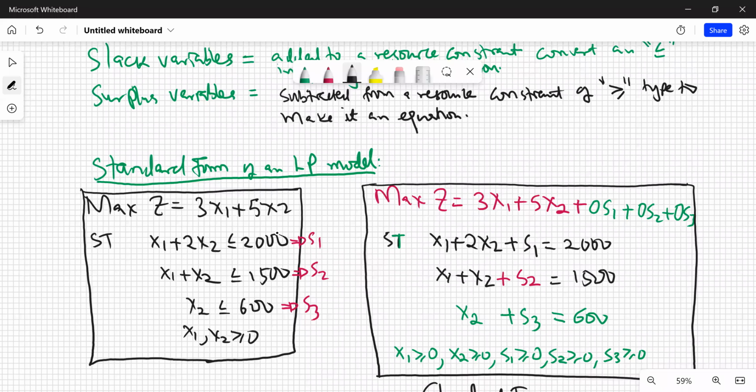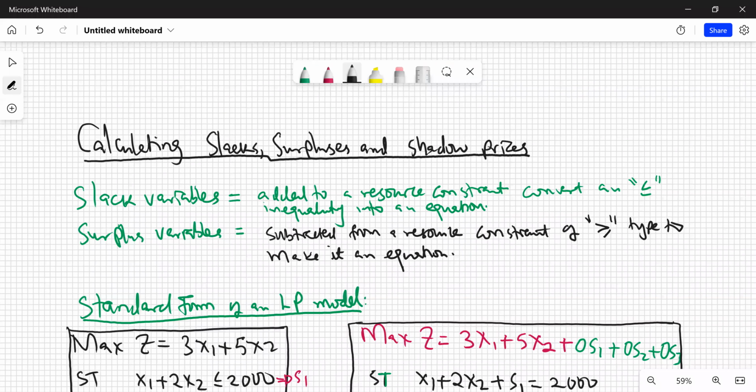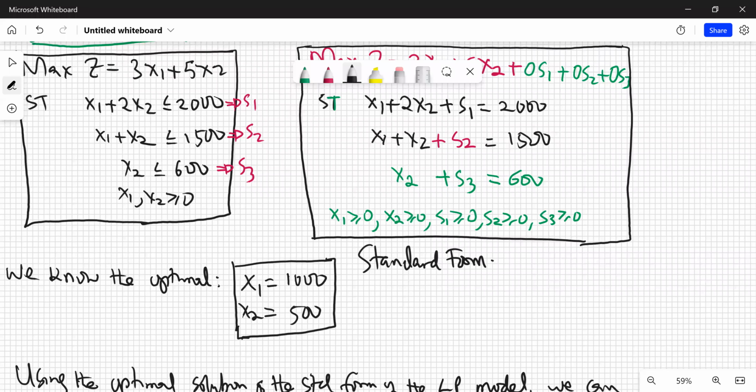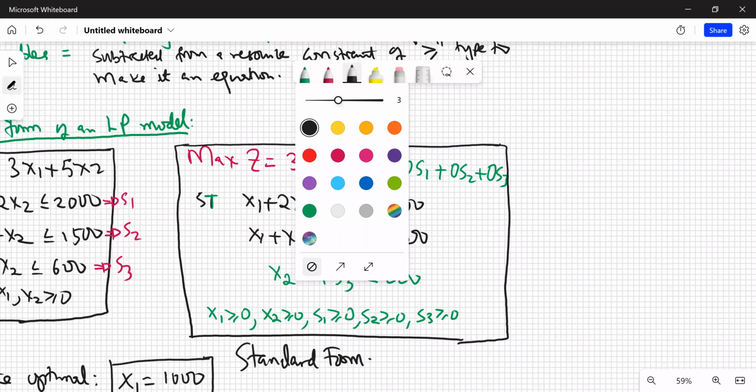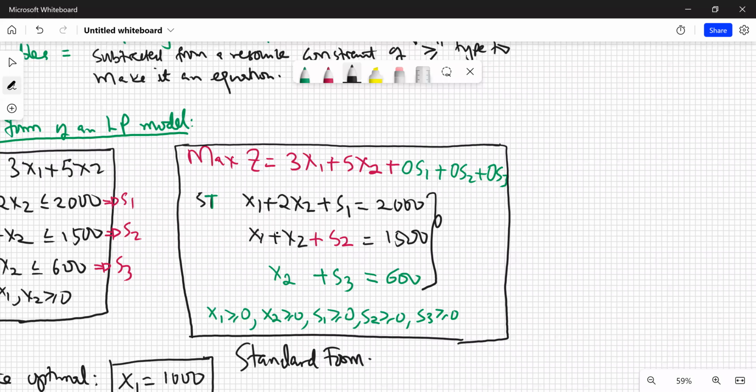Okay, remember we are trying to find how to calculate slacks, surpluses, and shadow prices. So let's start with the first equation. Usually we obtain them by solving the constraints, which are now equations.